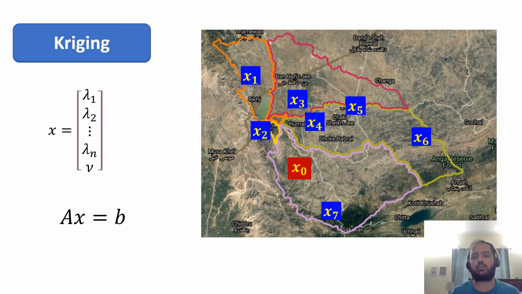You get all the weights lambda 1, lambda 2 till lambda n, and then you get this set of equations, which we call the Kriging system. This Kriging system is simply Ax = b. In the project handouts, you've been told how to set up these matrices A and B. So let me just show you what these matrices are.